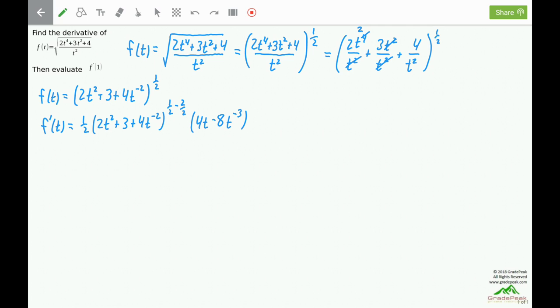Since we have a negative exponent happening here, it's happening when we take a 1/2 minus a 2/2, that'll be a -1/2. We're going to want to move that to the denominator.